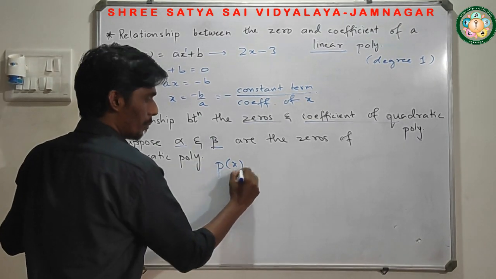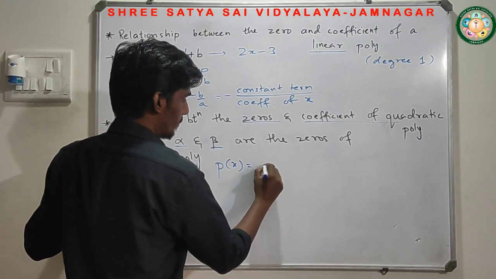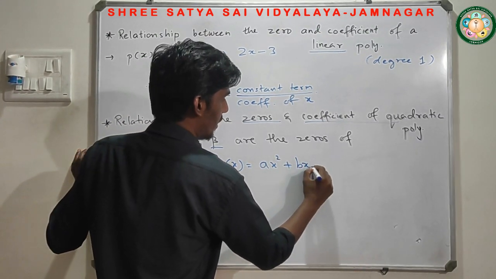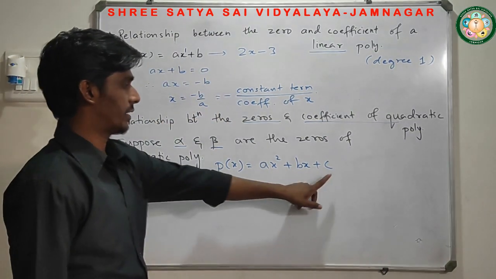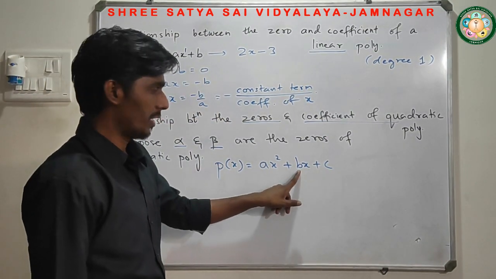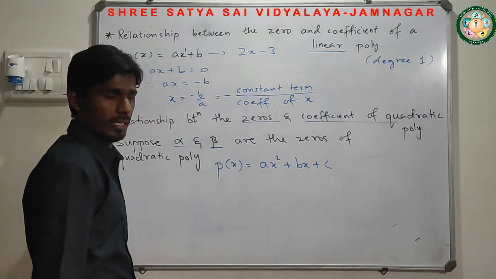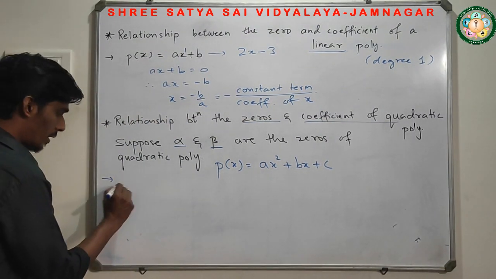It's what? P of x equals ax square plus bx plus c, where c is a constant term, b is the coefficient of x, and a is the coefficient of x square.